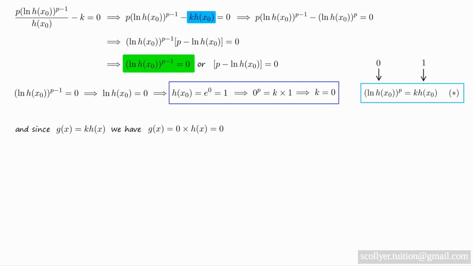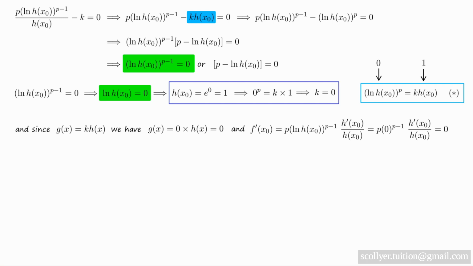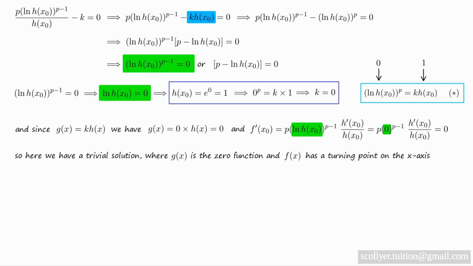But earlier we derived the following result for f dashed of x sub 0, and noting that the log of h of x sub 0 equals 0 in this case, which appears here in the formula for f dashed of x sub 0, we see that f dashed of x sub 0 equals 0 in this case. And so we have a trivial solution with g of x being the 0 function and f of x having a turning point on the x-axis.